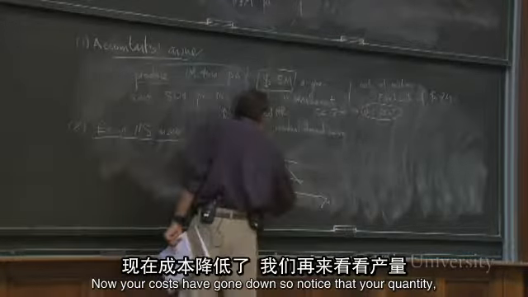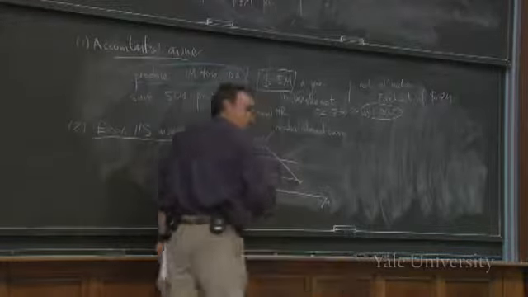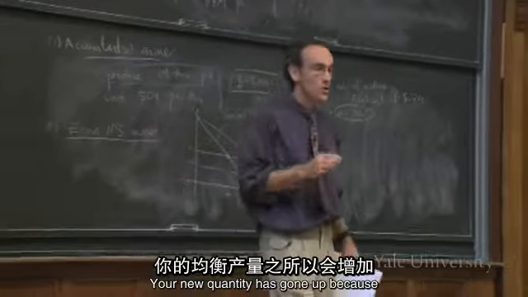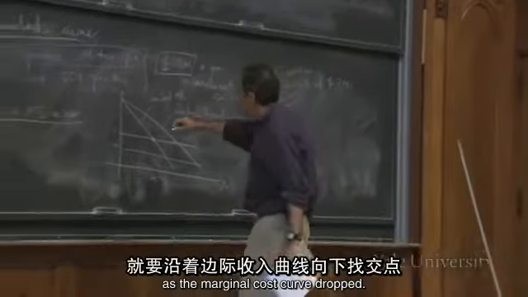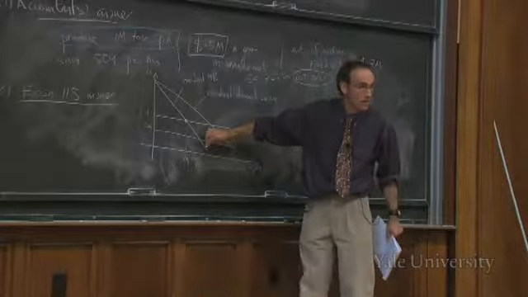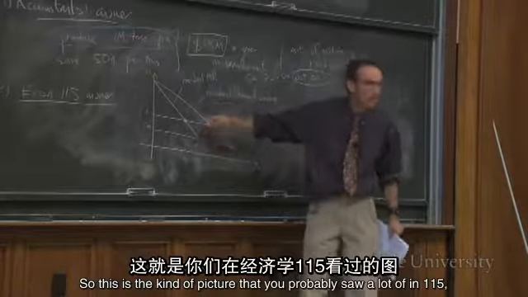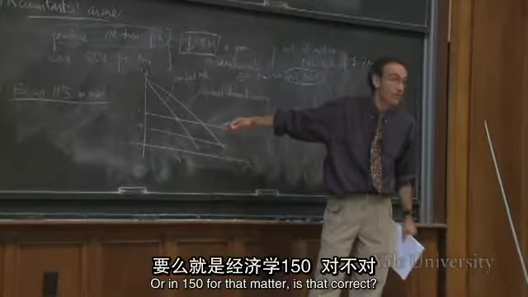So notice that your new quantity has gone up, because you've slid down the marginal revenue curve as the marginal cost curve dropped. Is that clear to everybody? This is the kind of picture that you probably saw a lot of in 115, or in 150 for that matter.